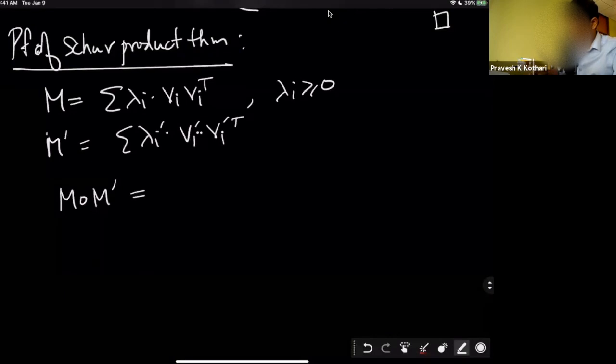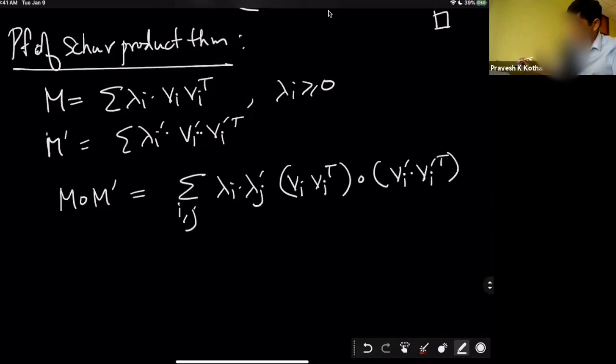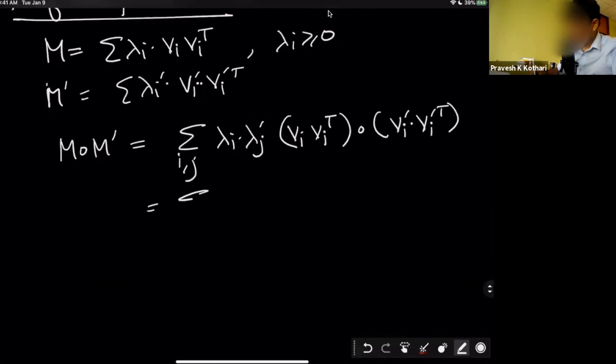And so notice that if I just use linearity of the Hadamard product, which is easily seen to be linear, then I just have to take the Hadamard product of these rank 1 terms, and lo and behold, I can just rearrange this. Sorry, this is j.